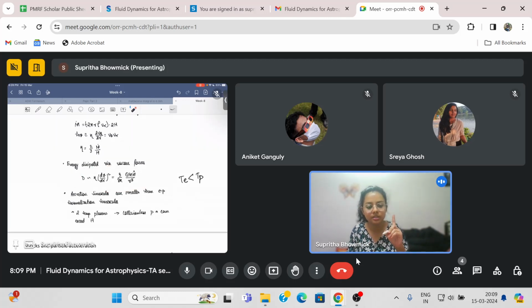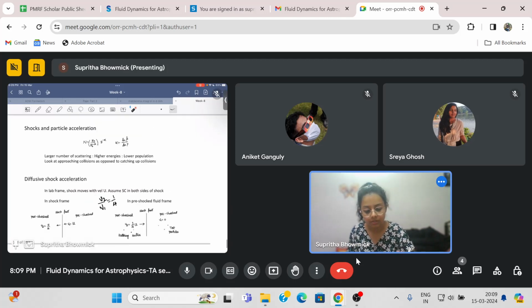So that's a good thing, and we are told that m dot is constant with radius. That is also what the mass conservation equation told us, that m dot is constant with radius, right? So D effectively scales as r cubed.